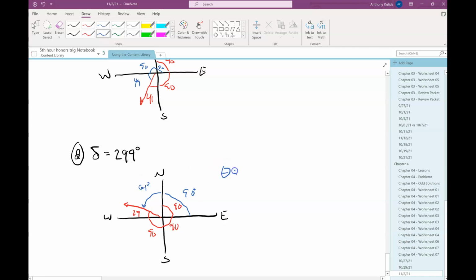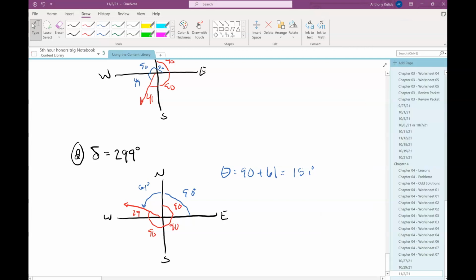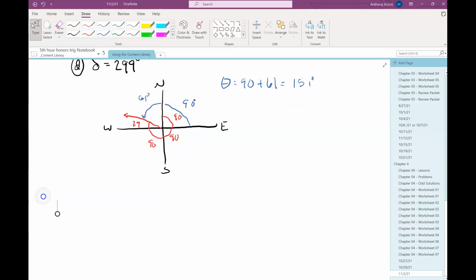So my theta is 90 plus 61, or 151 degrees. Do we feel okay here? Yes. Good. Again, this should be relatively easy to do, but it's really a critical sub-skill for the kind of problem that we're going to look at next.